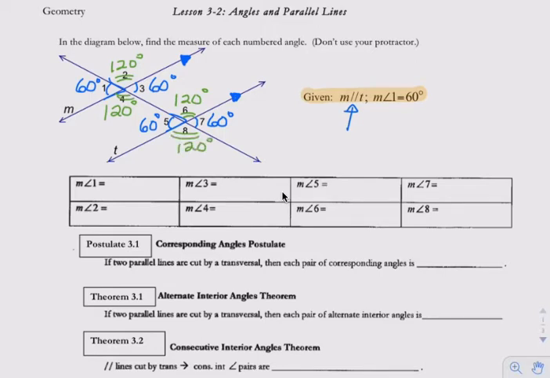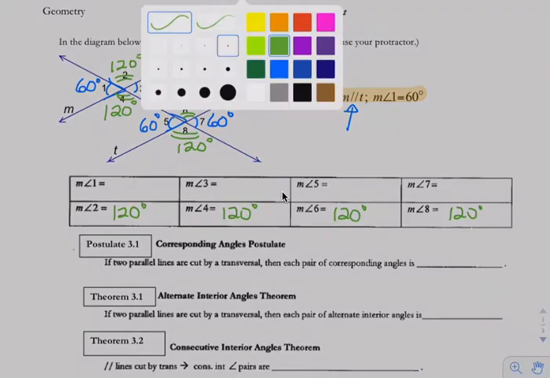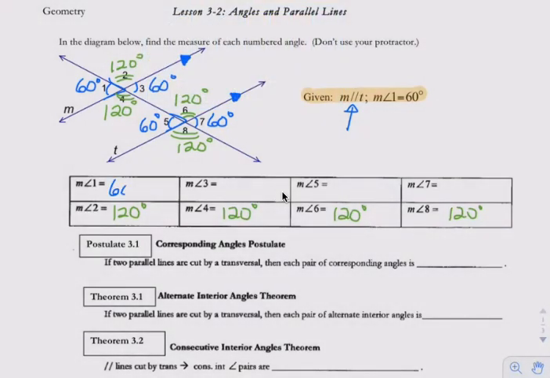So the measure of angles 2, 4, 6, and 8 are all 120 degrees in that diagram. And the other four measures were all 60 degrees.